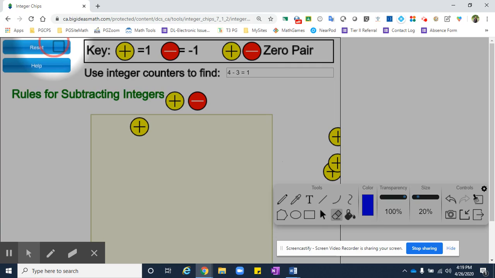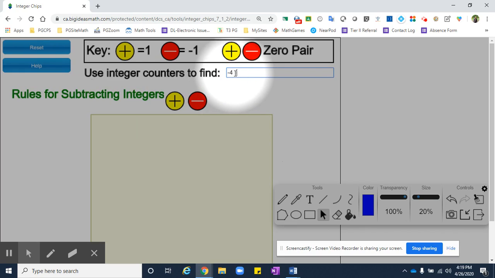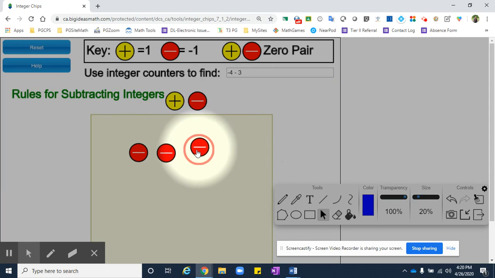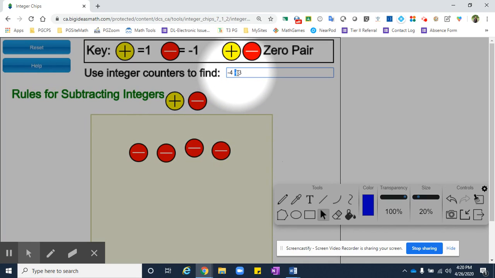Now, what if we have -4 minus 3? That means I should have 4 red chips, 1, 2, 3, 4, and take away 3 yellow chips. Now, do I have yellow chips in here?